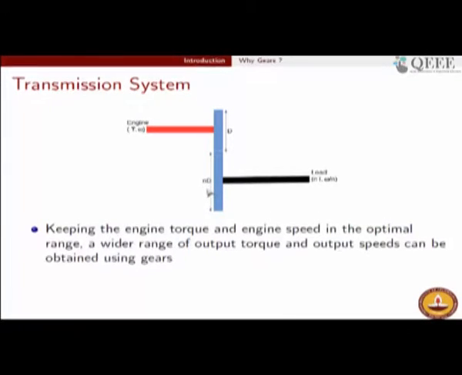By playing with this number n, I am able to have whatever torque I want. I will be sacrificing the speed, that is correct, but whatever torque I want I can attain simply by going with different values of n, and this is exactly what happens in a car gear. If you have observed the driving of a car, you will understand that when you have to go on uphill terrain, you are basically in the first gear.